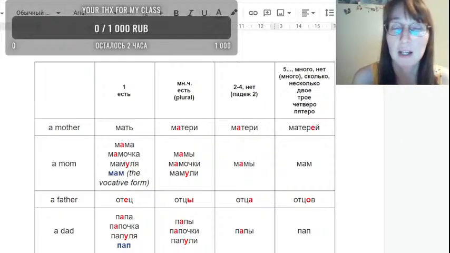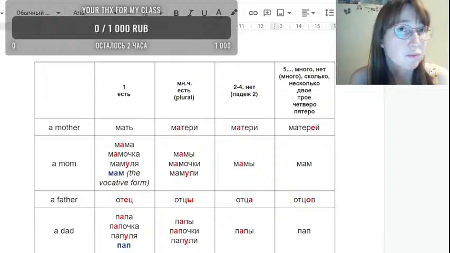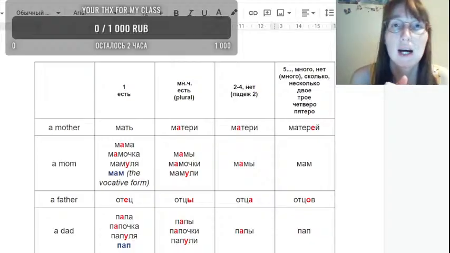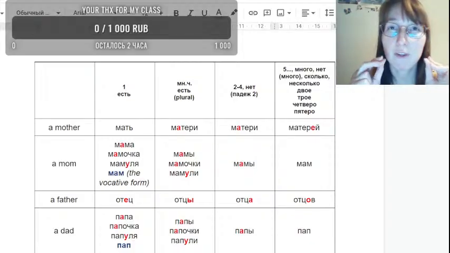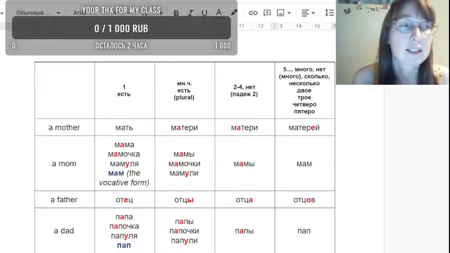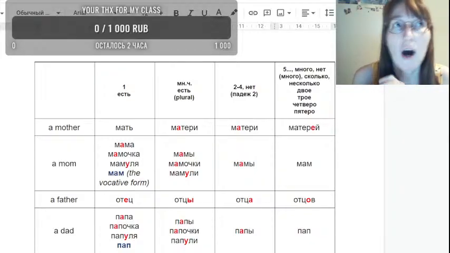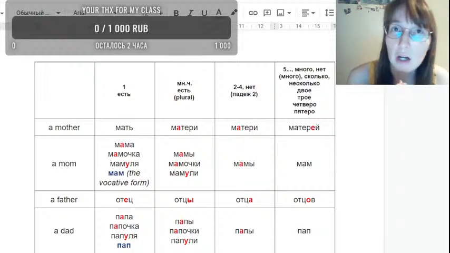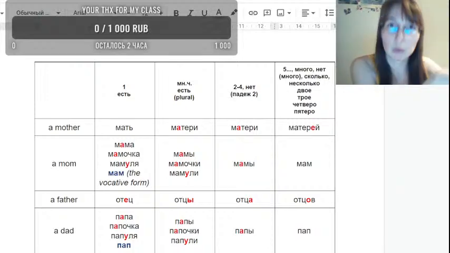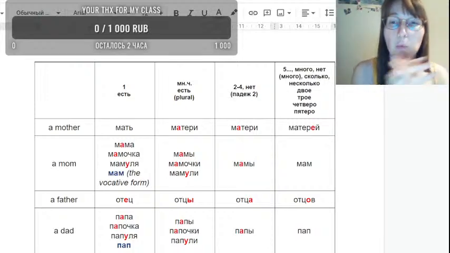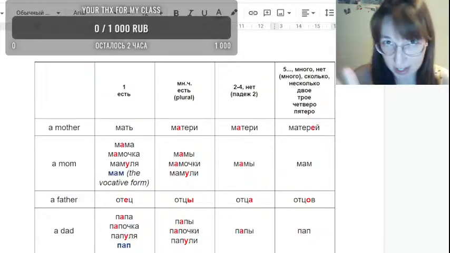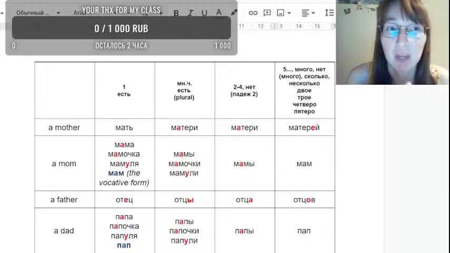Also, I will give you a few short dialogues, like examples for your practice, of course. Also, we will work with our old words and we will practice the genitive case through them.